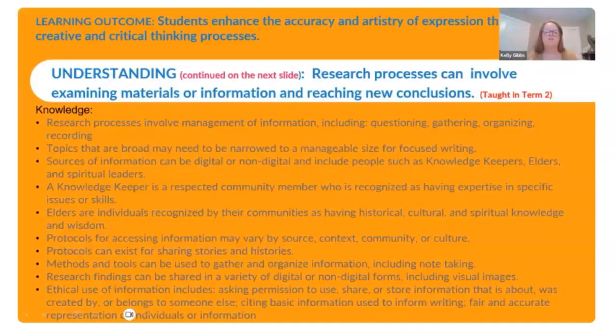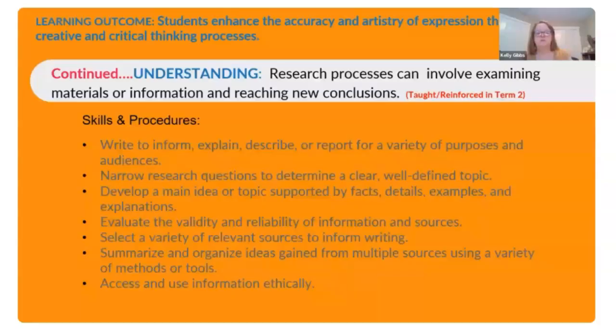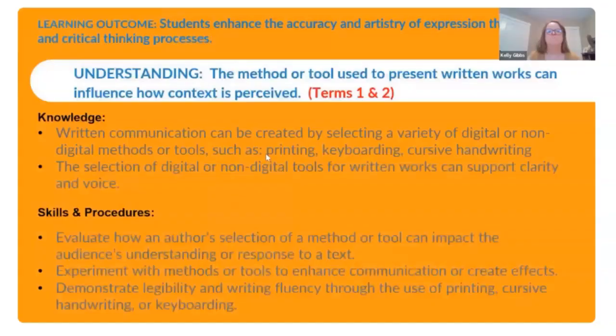Here I've got the knowledge alone because there are so many of them, and I put the skills and procedures for the same understanding on the next slide. And then we get the method or tool used to present the written works, knowledge and skills. There aren't quite as many.